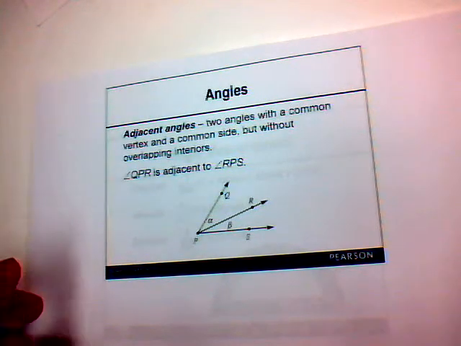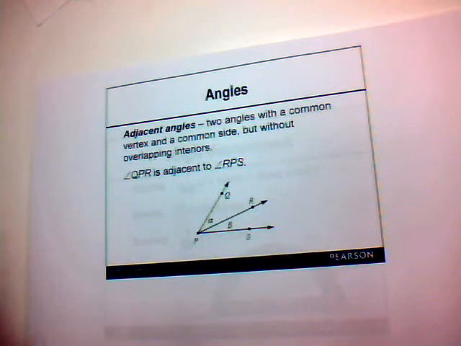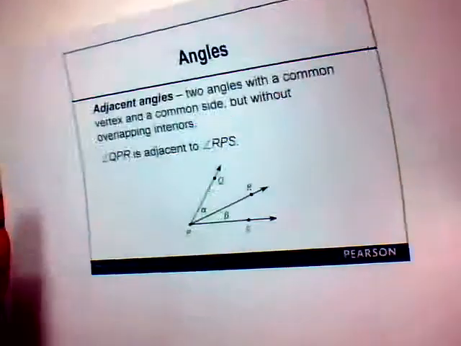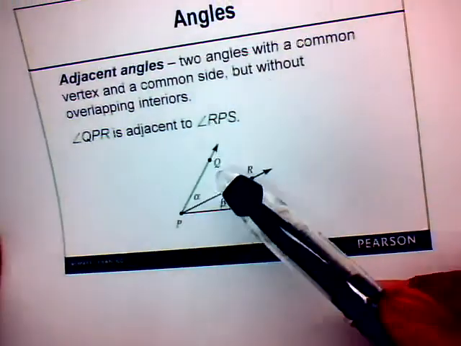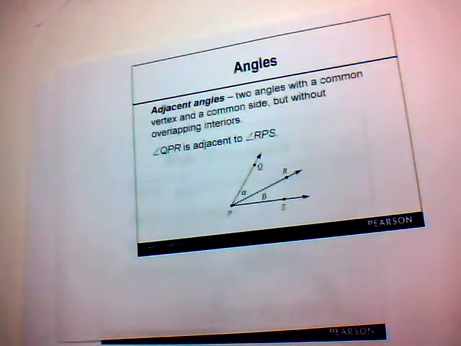Adjacent angles are two angles with a common vertex and a common side, but without overlapping interiors. In this case we have angle QPR, this angle here.